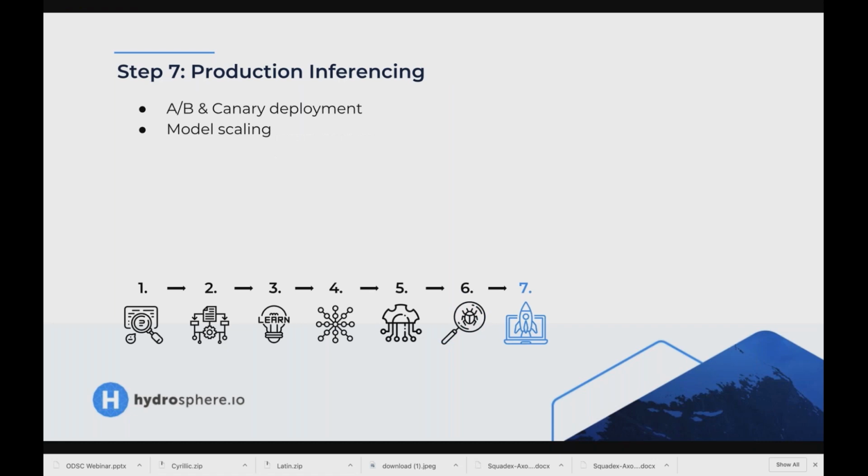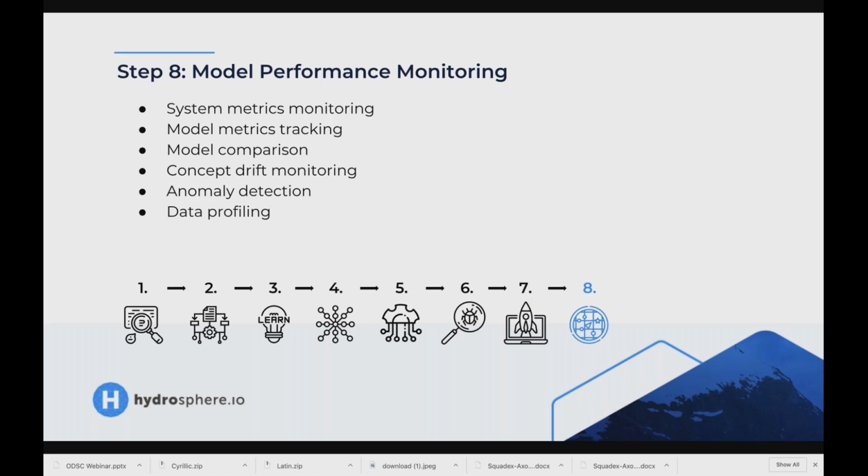Model metrics tracking is required to continuously evaluate predictions using ground truth labels captured in production, if possible, of course. And concept drift monitoring should profile input features and output predictions as well, to find edge anomalous cases in production.